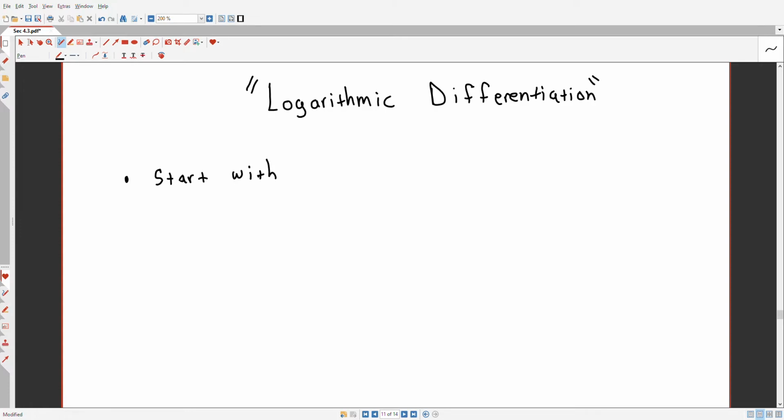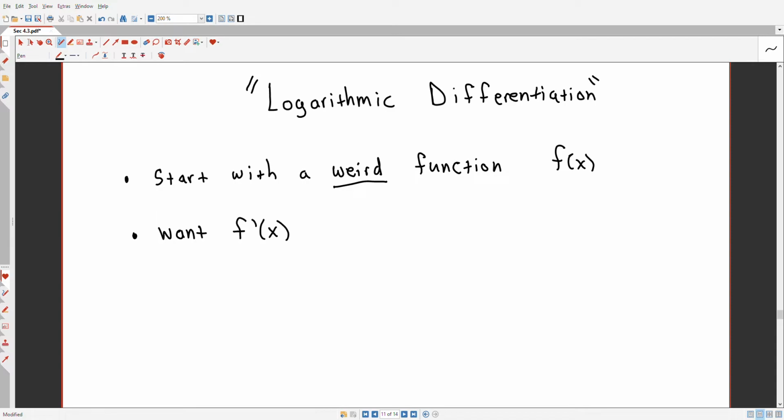You don't just start with any function, you really start with usually a very weird function. And I'll call it f of x. And what you want is to find f prime of x.